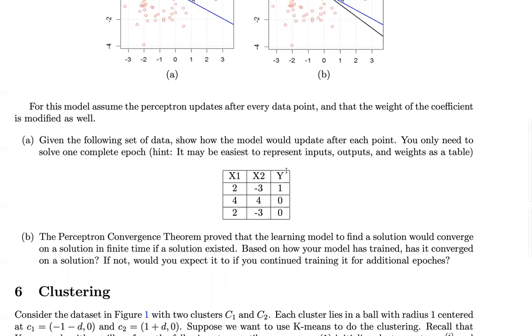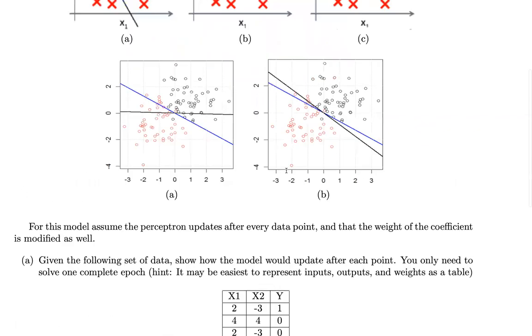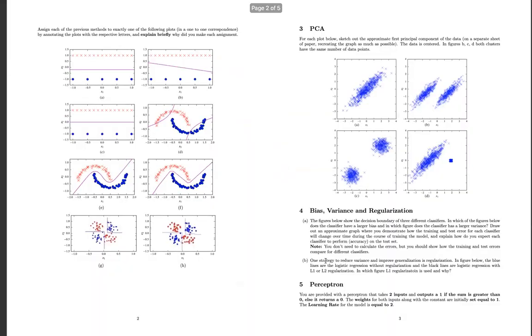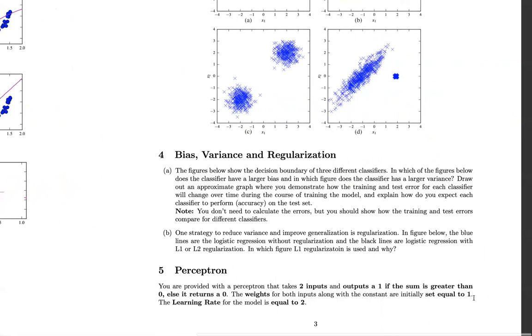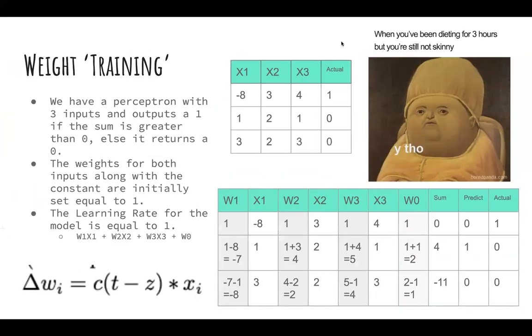In addition, you're given your weights, which are initially set to 1, and your learning rate. If I'm setting up the table, all my weights are 1, and then my actual value is here.